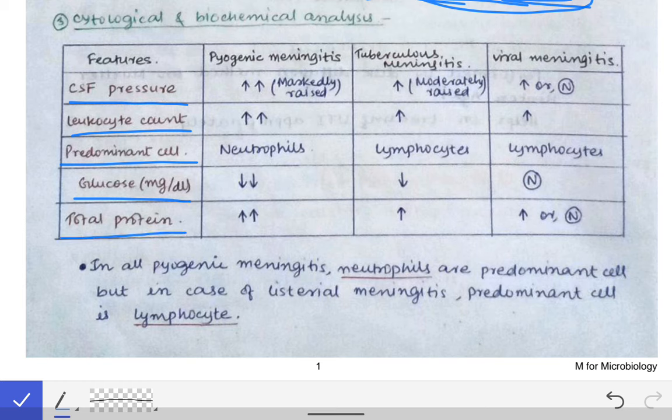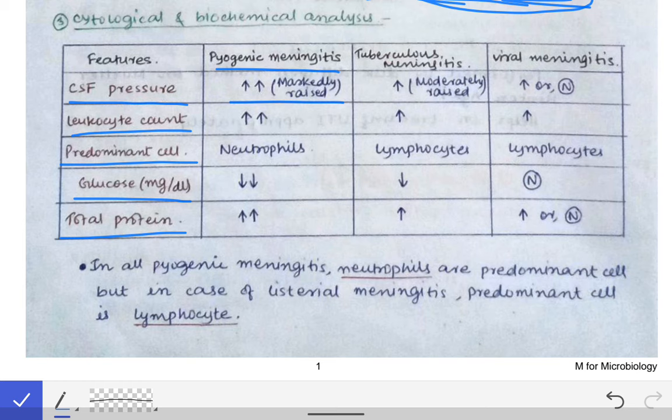So CSF pressure. If it is a pyogenic meningitis due to any bacteria, then it will be raised. If it is a tubercular meningitis, that is also a bacteria, but it is given a separate category because it has some different characteristics for its identification. Like in tubercular meningitis, there is a cobweb formation in the CSF when it is kept for some duration.